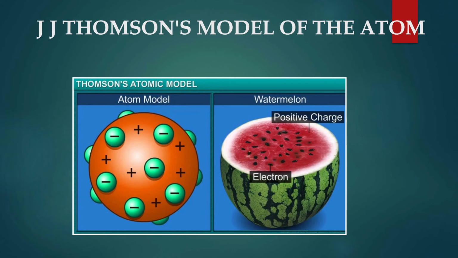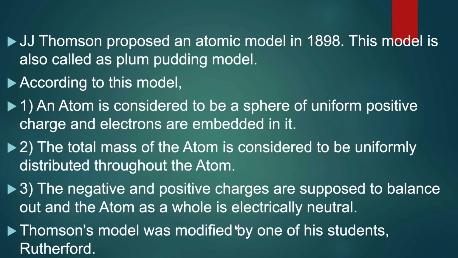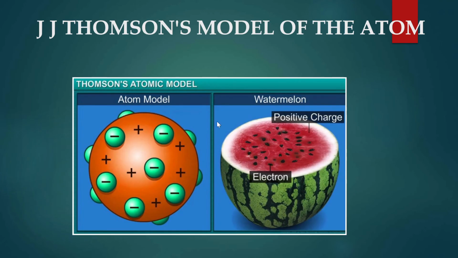J.J. Thomson was the first one who gave the model of the atom. Many other scientists also gave different atomic models. In J.J. Thomson's atomic model, he compared the atom to a watermelon, and hence his model is known as the plum pudding model or watermelon model.